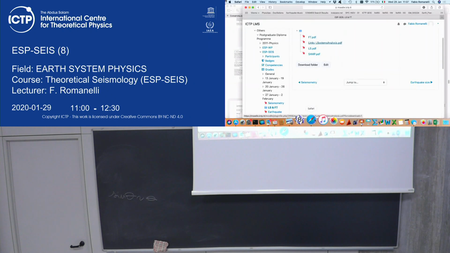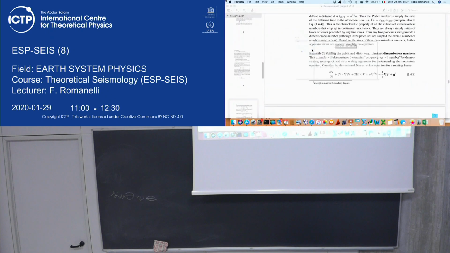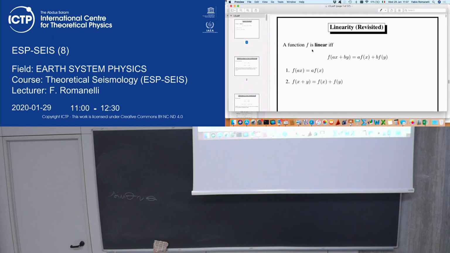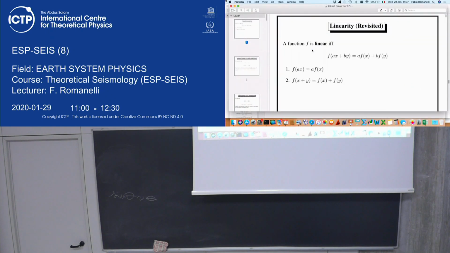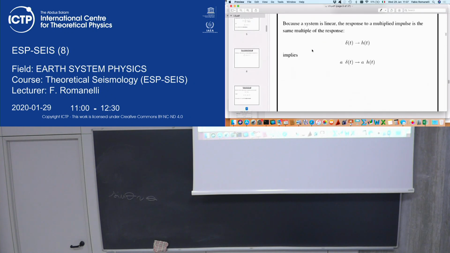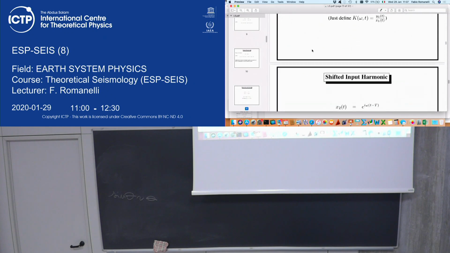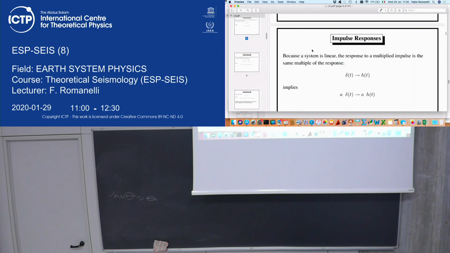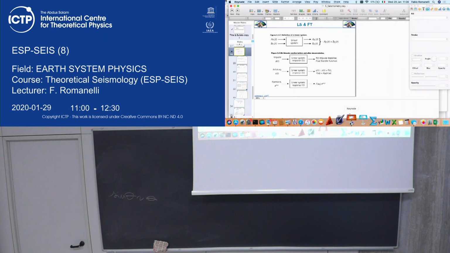All the necessary steps are here, and there should be also the convolution theorem. Everything. I leave it to your building of knowledge.